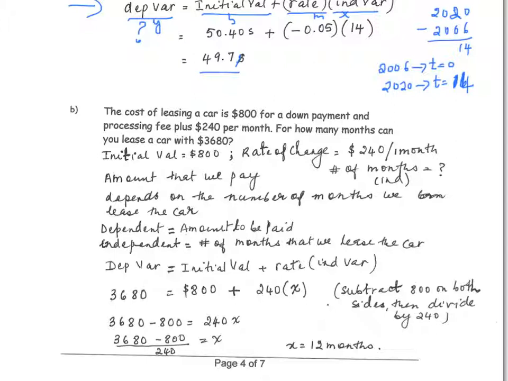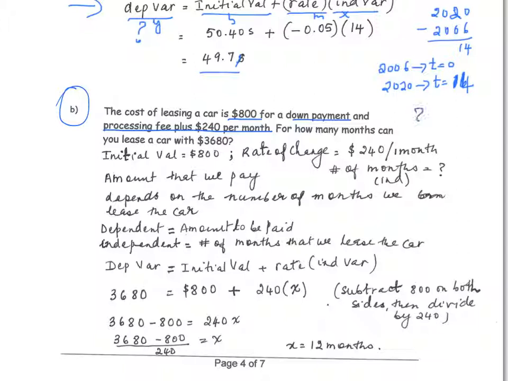Now the next question. It's the cost of leasing a car, and let's see what it says. The cost of leasing a car is $800 for a down payment and the processing fee. Plus, you're going to have $240 per month.